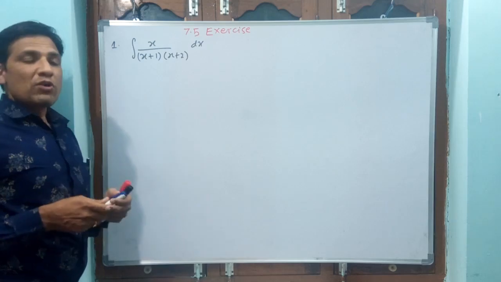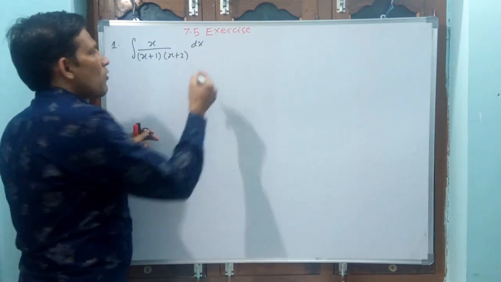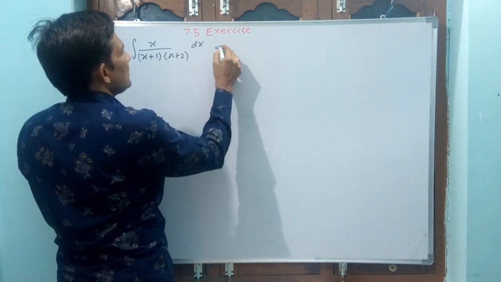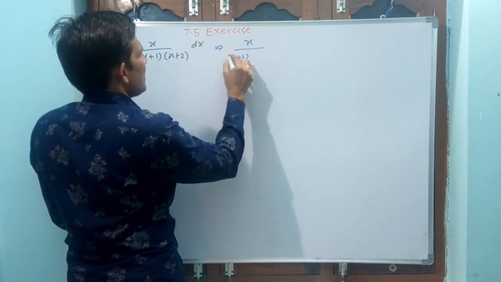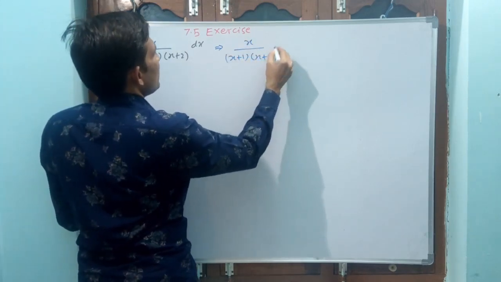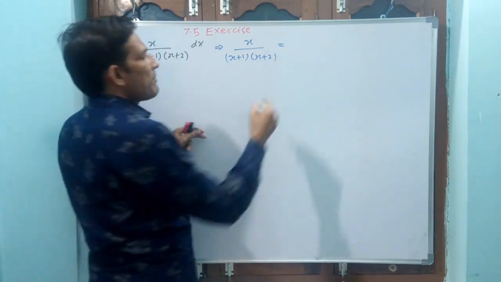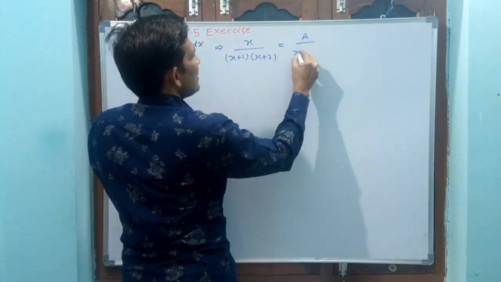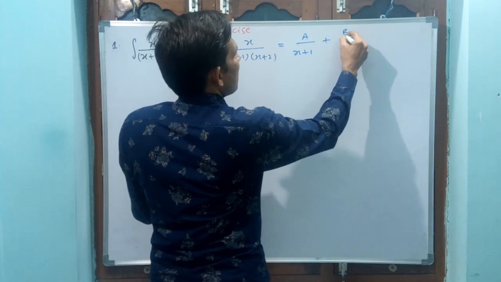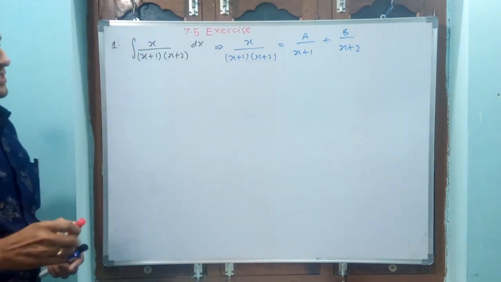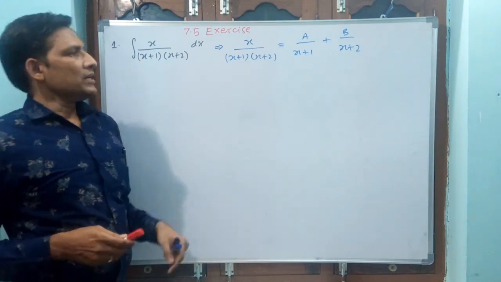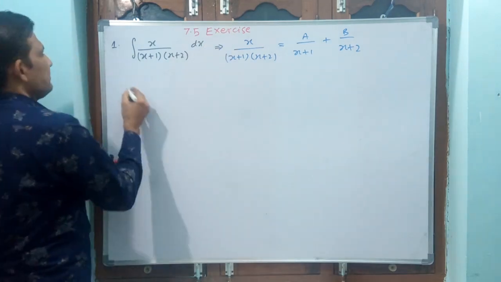Okay. Now how you are going to split this? You see how I am doing. Implies x by x plus 1 into x plus 2 is equal to, see how I am making, a by x plus 1 plus b by x plus 2. Like this you have to split first. Okay. Now you see how I am doing.